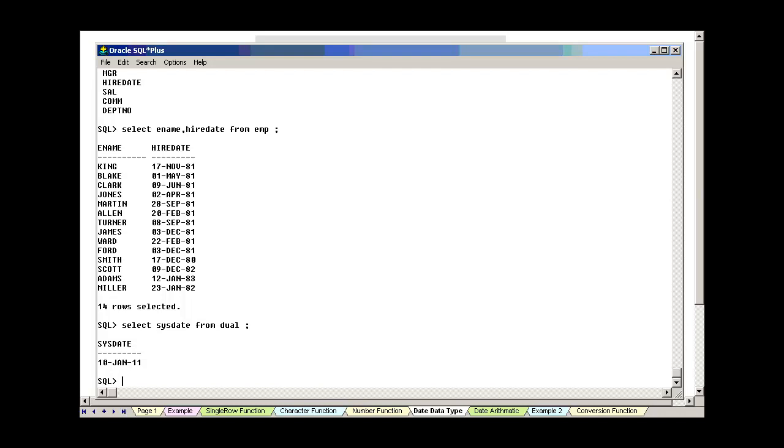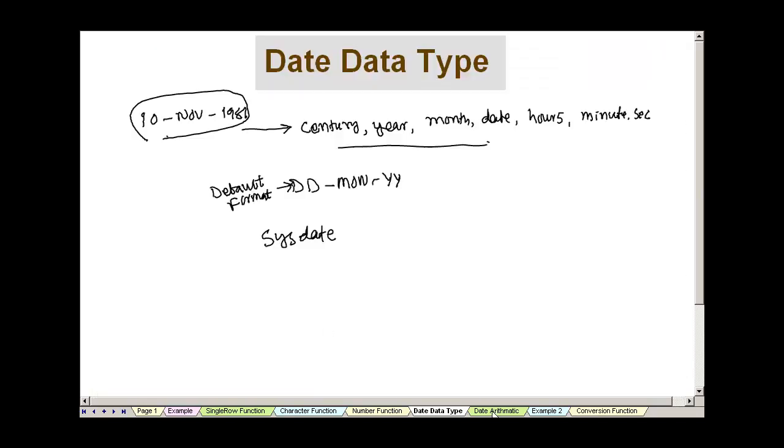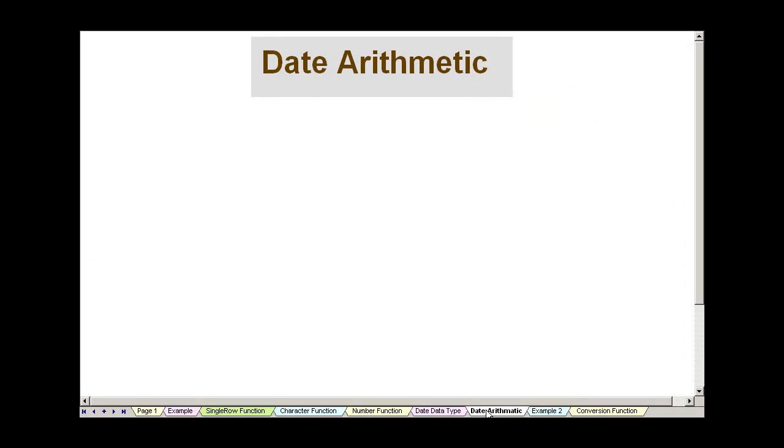Right. So after we have a good understanding of the data type, let's try to do some date arithmetic. So this is the rule.